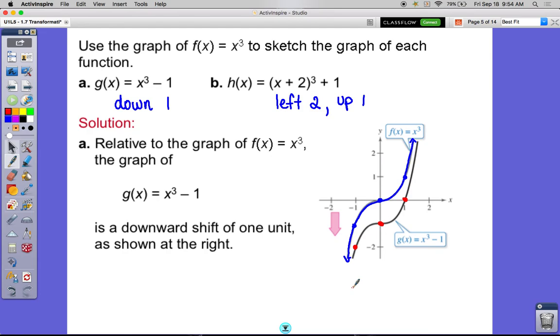And then at 1, even though it's a full 1 unit shift, you look on the sides of it, it's getting kind of squeezed together because the x's don't have to change very much for the y's to change when you cube something. The y's change a lot more rapidly. So it looks like it's getting closer, but they will not run into each other. So again, g of x equals x cubed minus 1. I'm just stumbling my words today. So x cubed minus 1 results in a downward motion of 1.